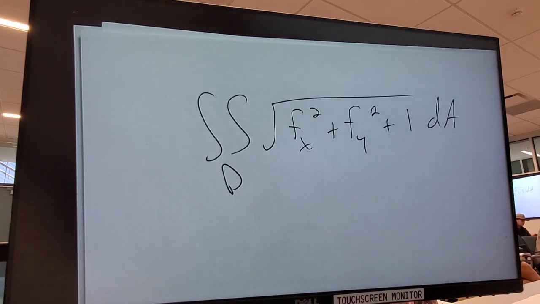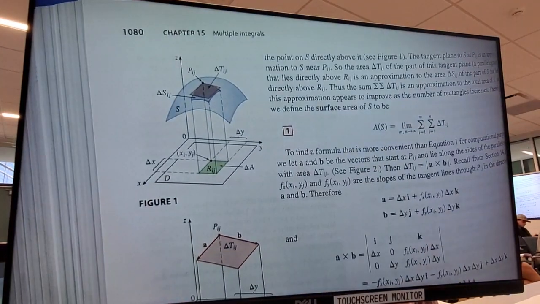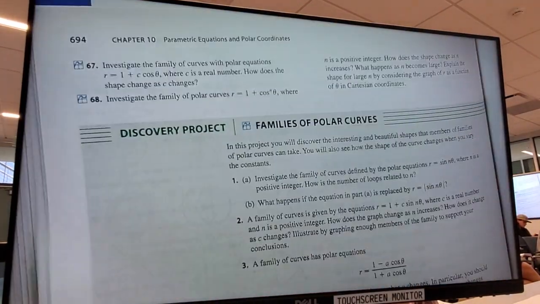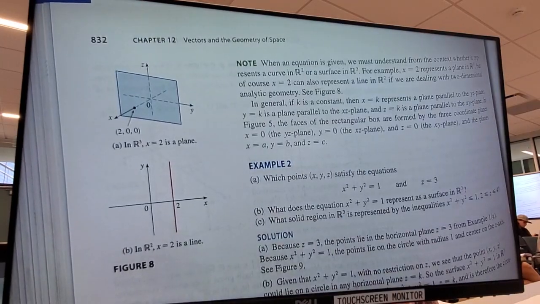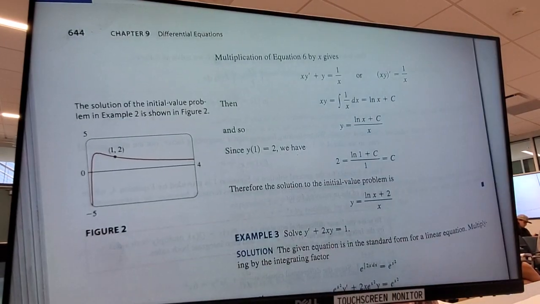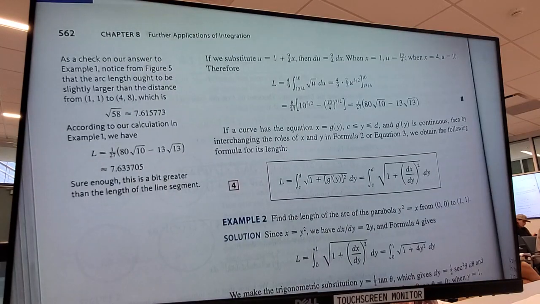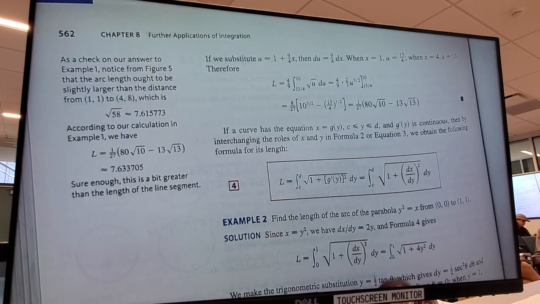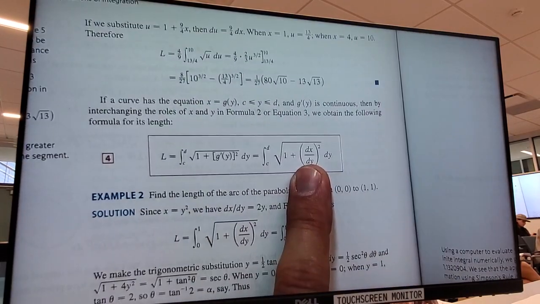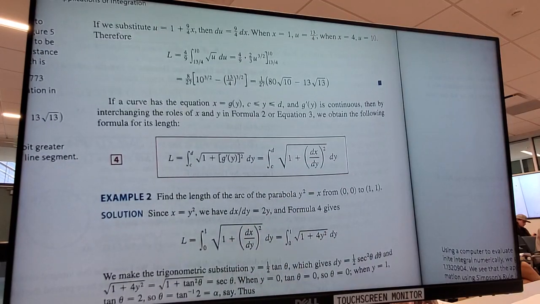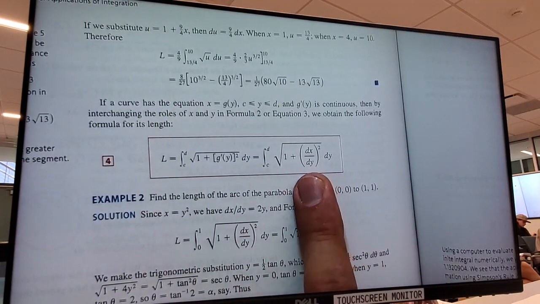Okay, real quick, just because I want to. I think it's back in Chapter 8. Sorry, this will just take a moment, I have to go off on my tangent. Here we go. Arc length. There's the arc length in just the XY plane. That's the equation for the arc length.